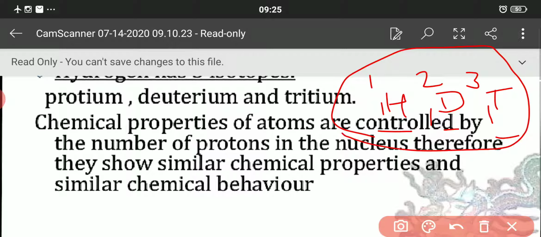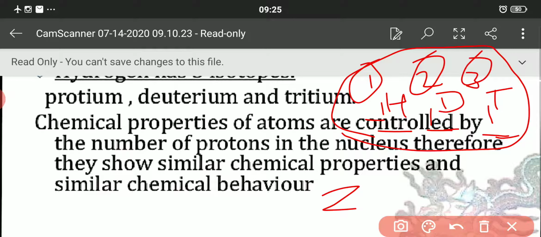Why are they isotopes? Because they have the same Z. Z means the number of protons or the number of electrons. So hydrogen, deuterium and tritium have the same number of protons and electrons, but the mass numbers of protium, deuterium and tritium are different. That's why they are known as isotopes.